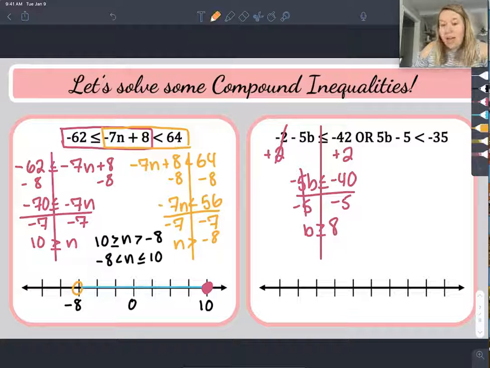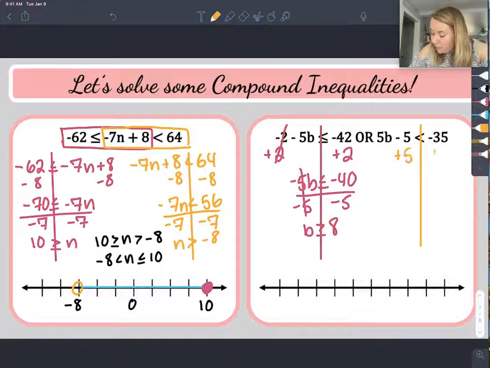Then I can go ahead and solve for the one on the right. I am going to add 5 to both sides, and I get 5b is less than negative 30. I'm going to divide both sides by 5. My 5's cancel out, and b is less than negative 6.